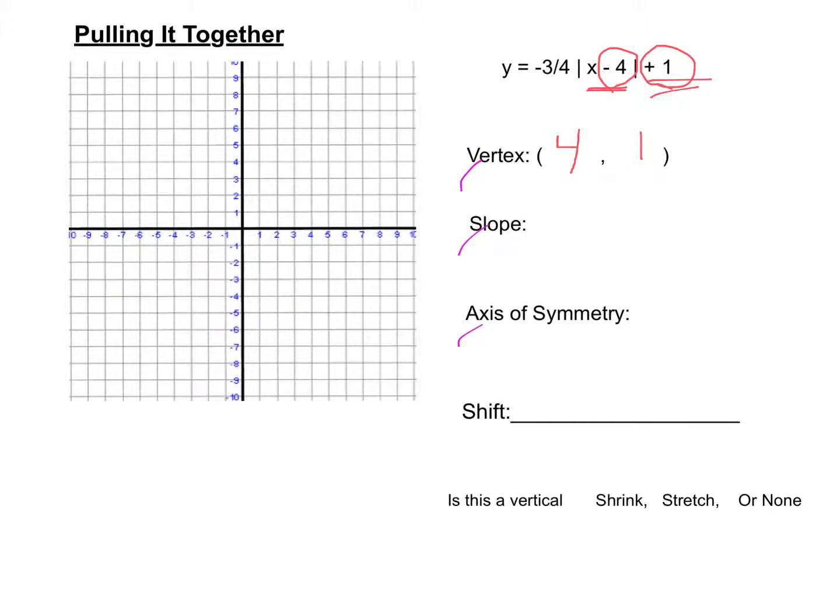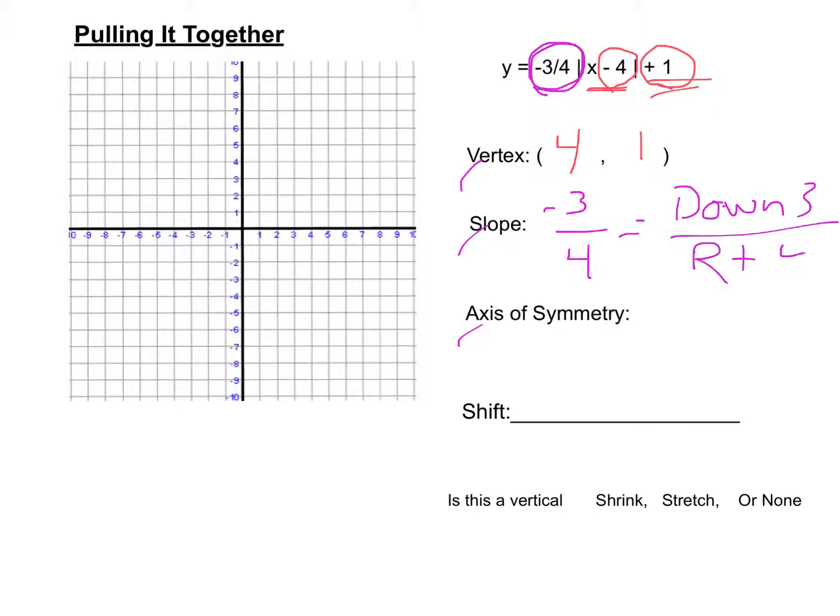Now, the next thing we do, we have to find the slope. And where is the slope again? Oh yeah, it's right here. So my slope is negative 3/4, which means I'm going to go down 3 and to the right 4. Now, axis of symmetry, remember this is my mirror line.